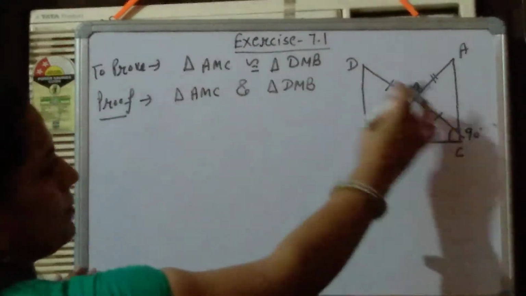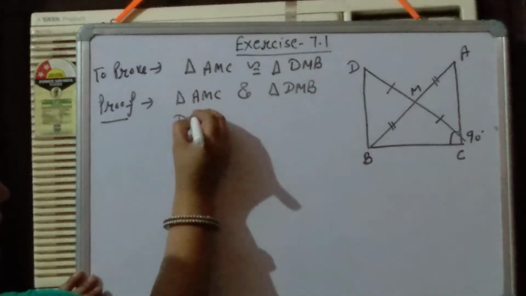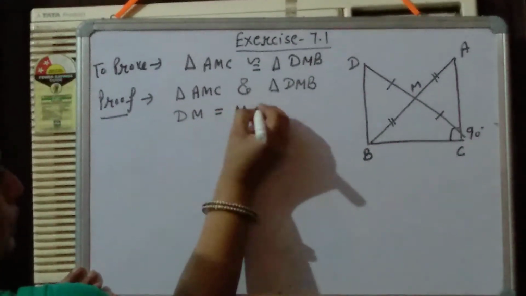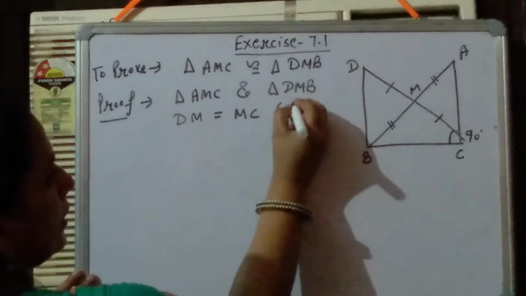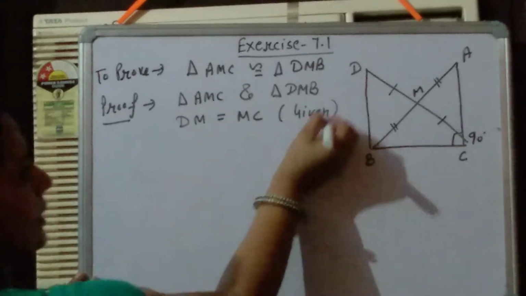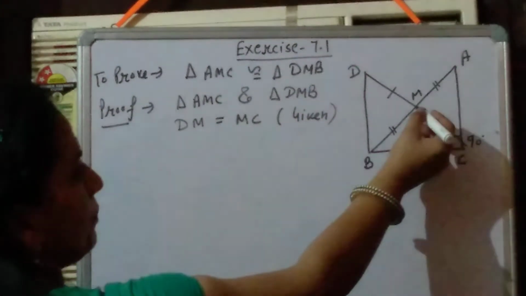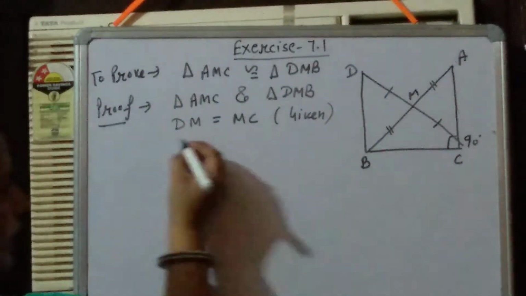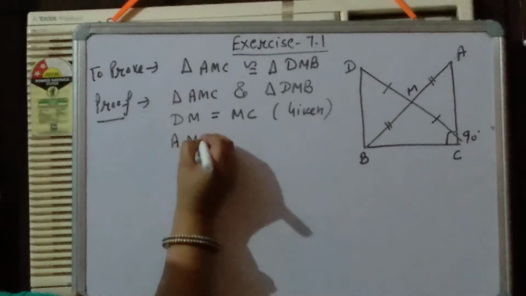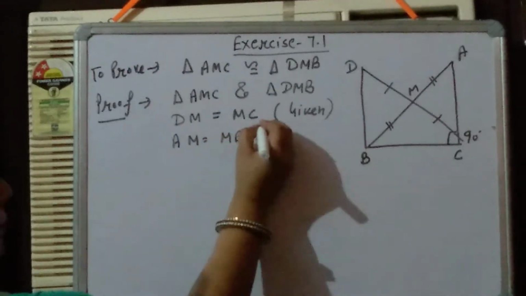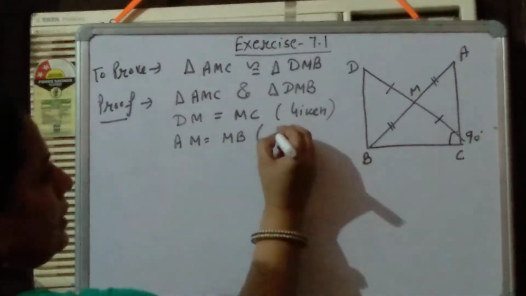Write the terms which are equal. DM is equal to MC because this is given in the statement. Next, M is midpoint of AB, therefore AM is equal to MB. Reason, M is midpoint.